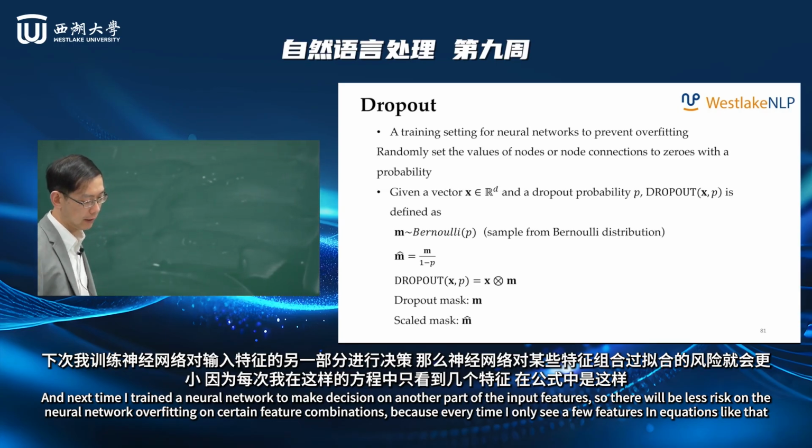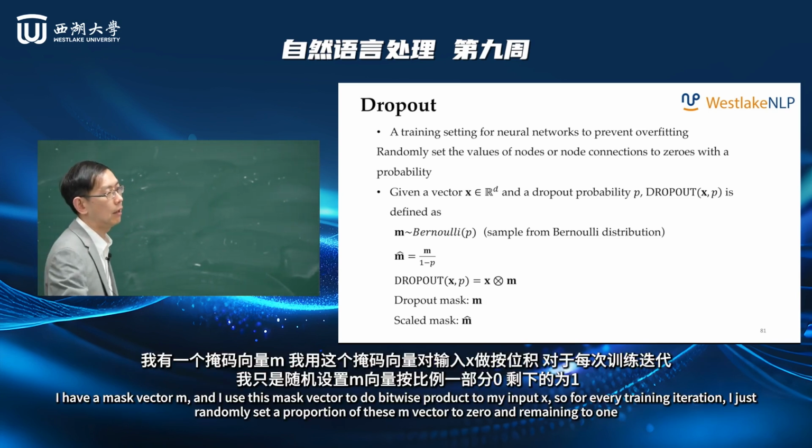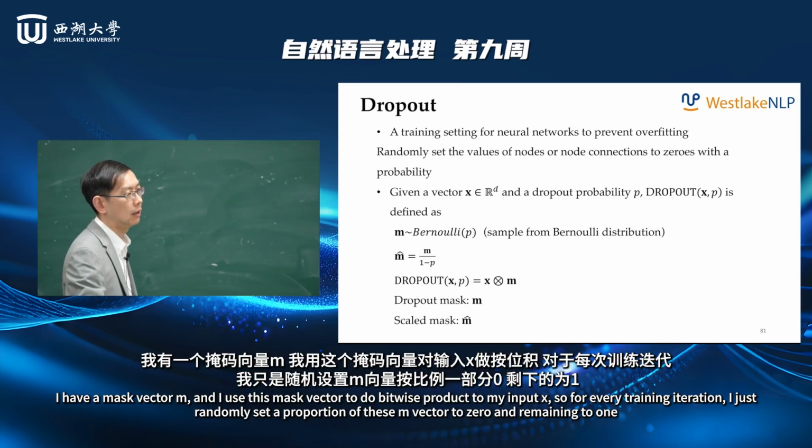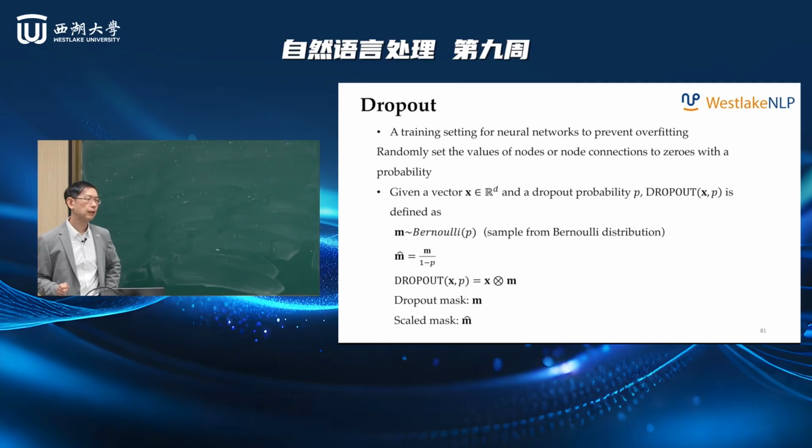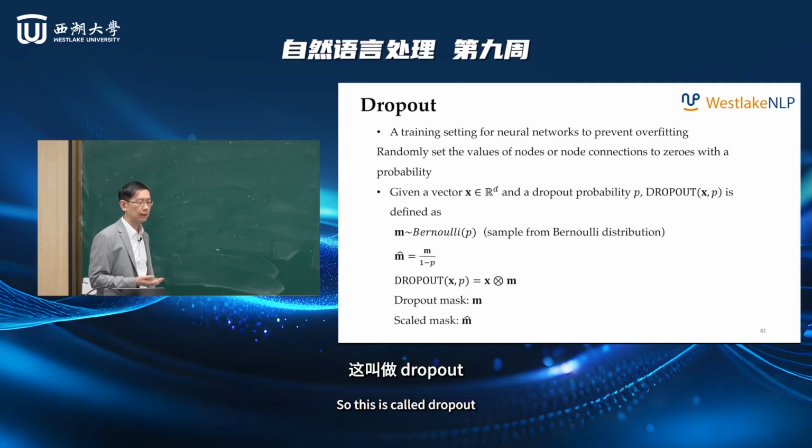In equation, it's like that. I have a mask vector M, and I use this mask vector to do a bitwise product with my input X. So for every training iteration, I just randomly set a proportion of these M vectors to 0 and the remaining to 1. So this is called dropout.